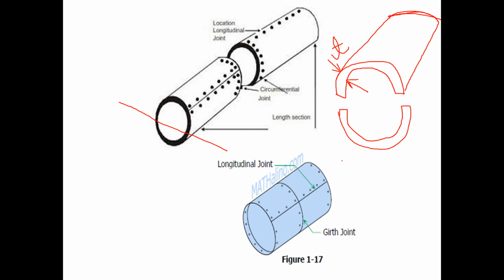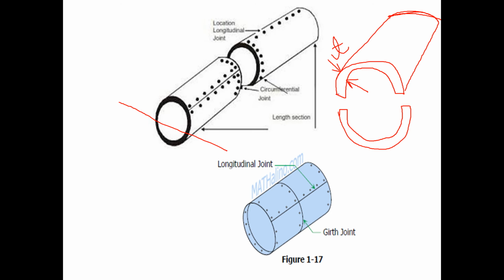Fine. So what I am saying is, how can you get a longitudinal butt joint? The plate of the boiler shell is bent to form a ring. You can see that this is the plate. I have bent it in the form of a ring. This is the upper half portion of the ring and this is the bottom half portion of the ring, and the two edges of the plate are joined by a longitudinal butt joint.